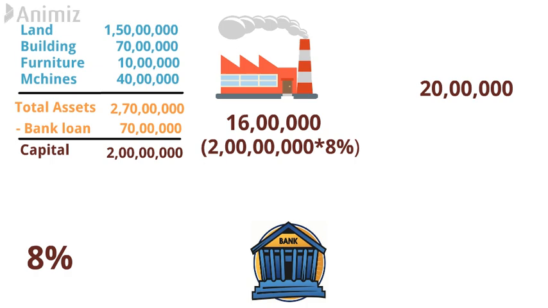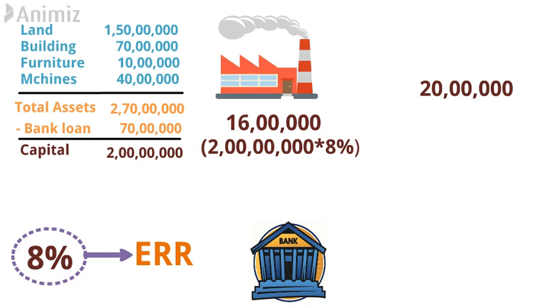Let's understand the whole process and the different terms. The first step is we calculated capital, which amounts to 2 crore. Second is 8%, which is considered the expected rate of return, also known as ERR.